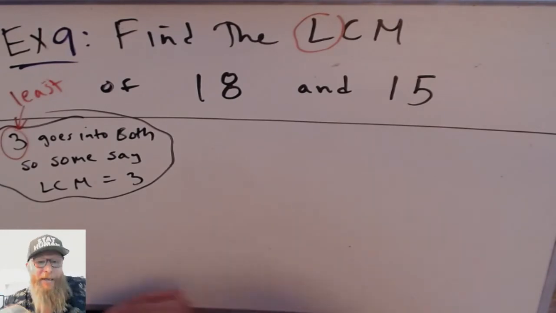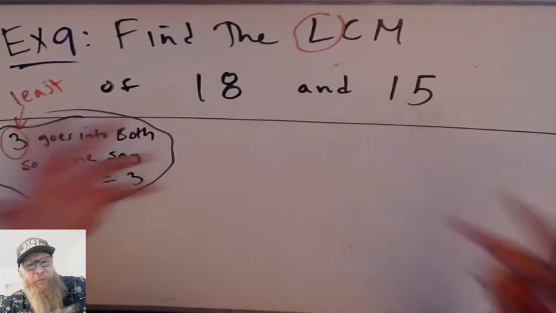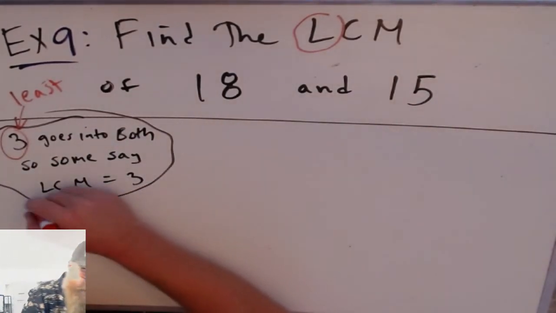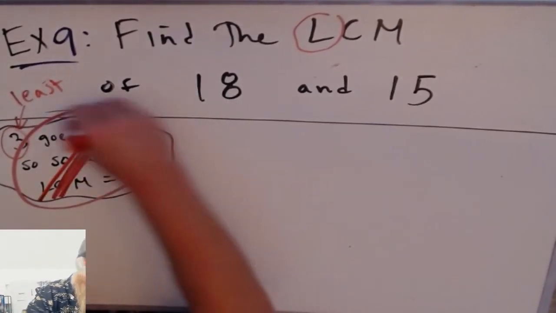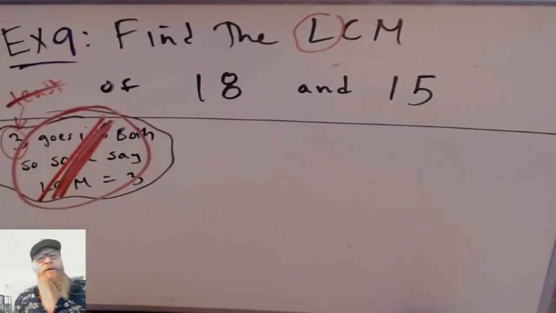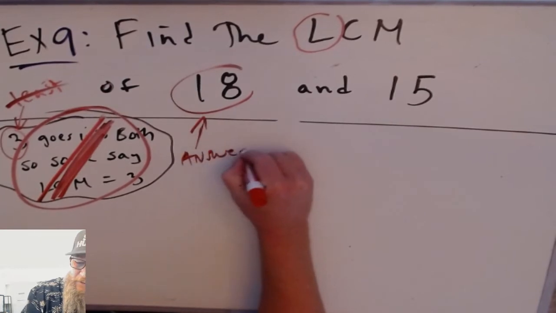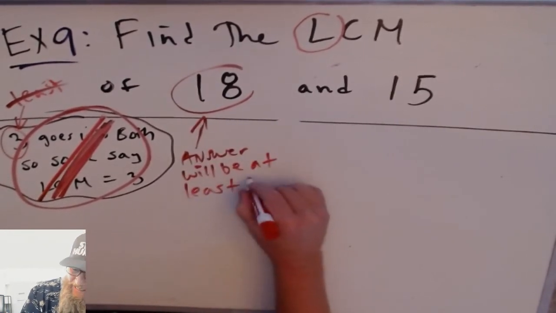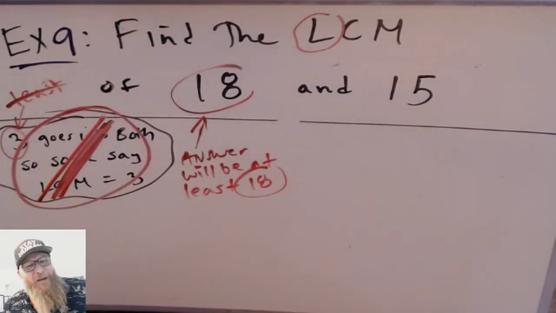I mean, I have a brain, right? You see a problem, least, and you go, oh, okay, 3, right? 3 goes into 18, and 3 goes into 15, but that is absolutely not true. No way, don't do it. Remember, the answer will be at least 18 because 18 is the bigger of these two numbers.